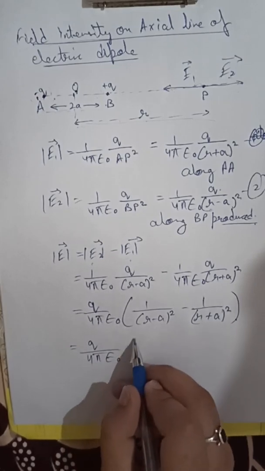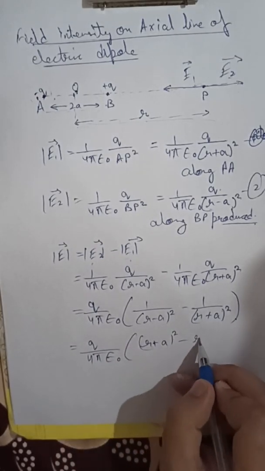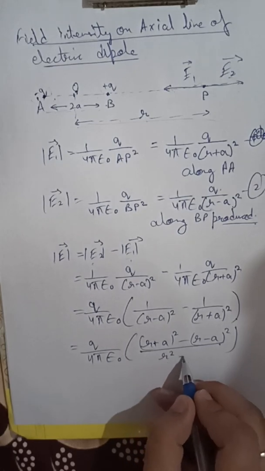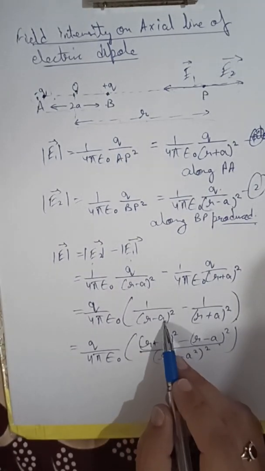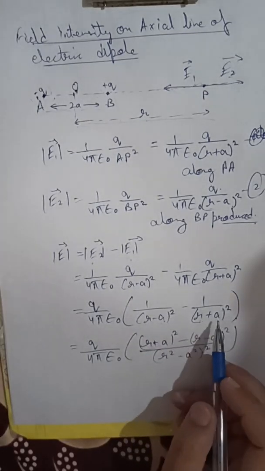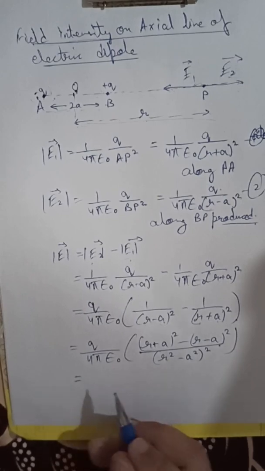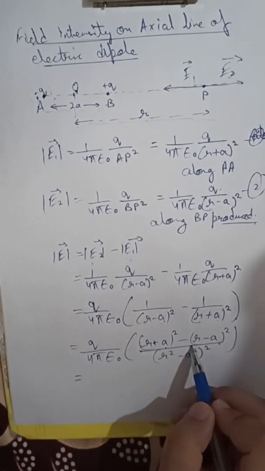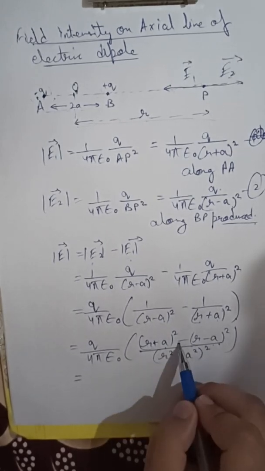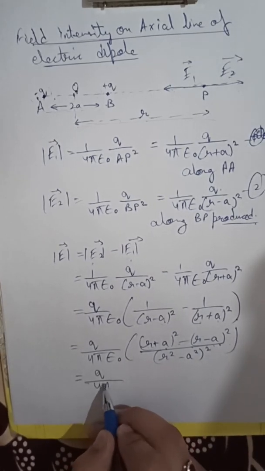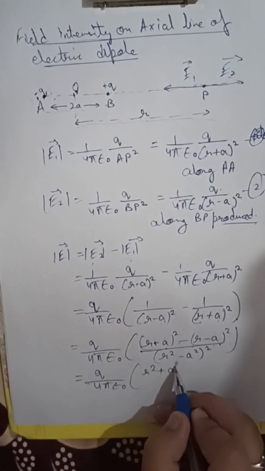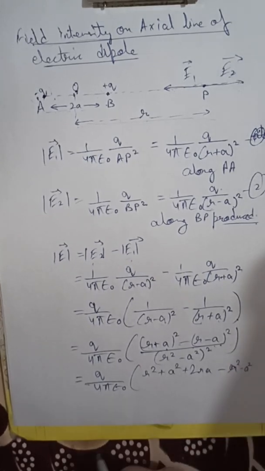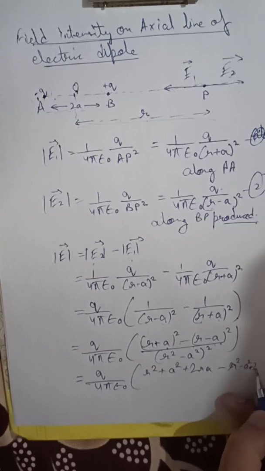So by solving it we get R plus A square minus R minus A square upon R square minus A square whole square, using A minus B, A plus B. So combining both these, we get R square plus A square plus 2RA minus R square minus A square plus 2RA.